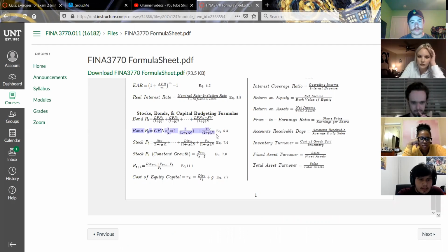I'm trying to see if he has it on the formula sheet, because I'm definitely going to need it, because the only reason this is easy is because of just plugging into formulas. I got one highlighted that sounds like the one you said. Is it on Zoom? Let me go see.